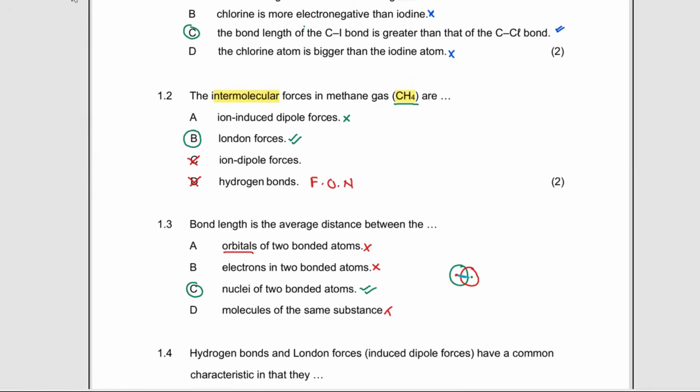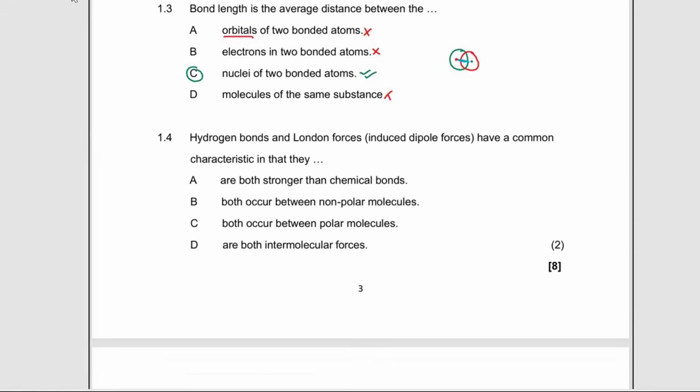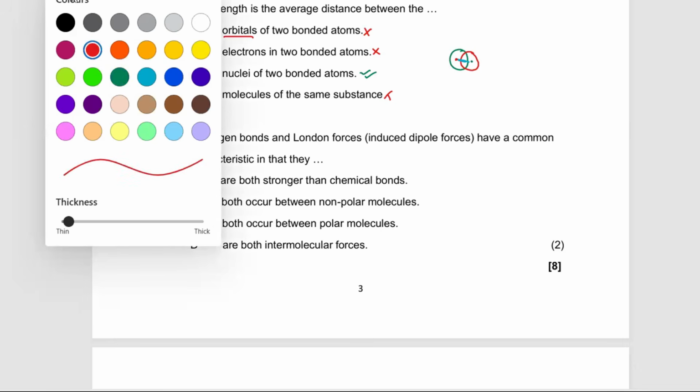Okay. So then we proceed to question 1.4, which reads: hydrogen bonds and London forces, induced dipole forces, have a common characteristic in that they are both intermolecular forces. Let's go through option A. They're saying stronger than chemical bonds.